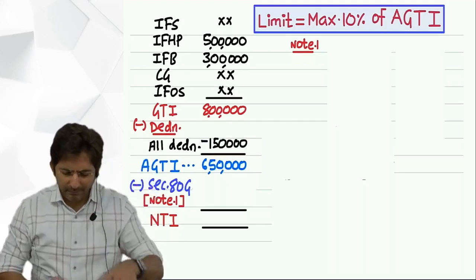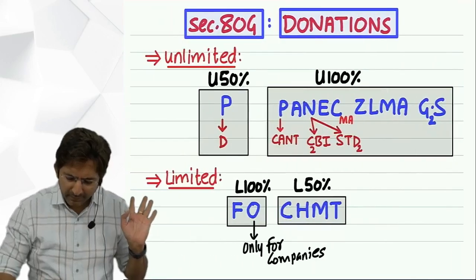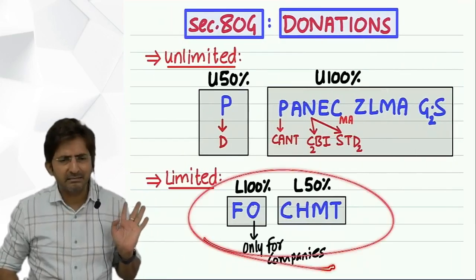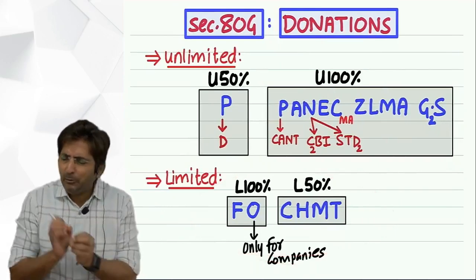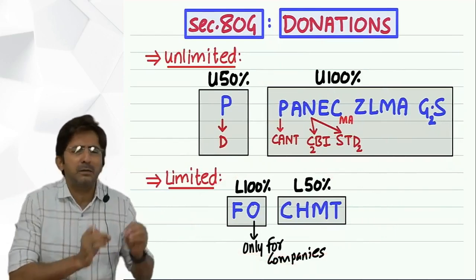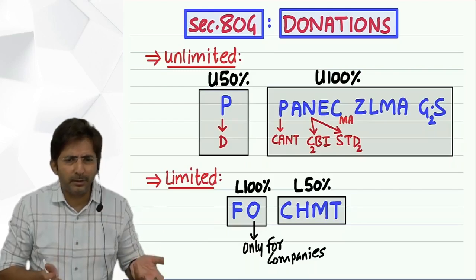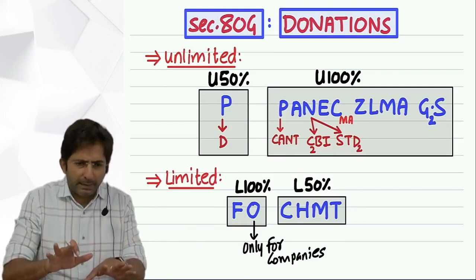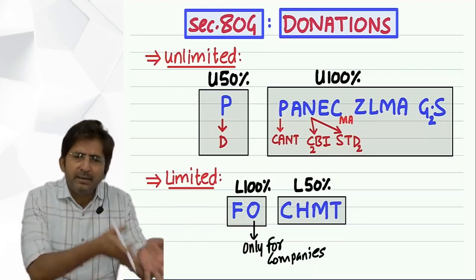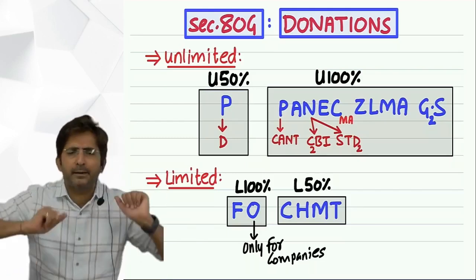You ask yourself, have you ever thought of giving donations in these areas? Rarely. At the most, if we feel like donating, we go to some temple or some trust or poor people. I am not saying impossible, but we give less only. So it is automatically within the limit.